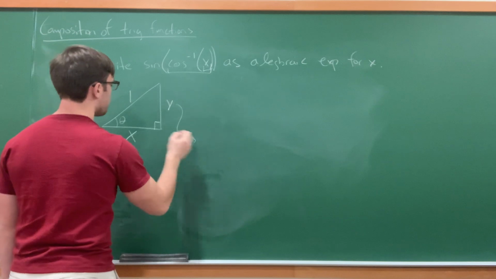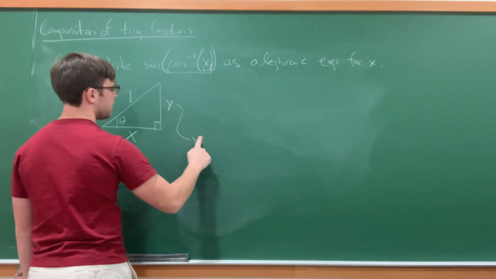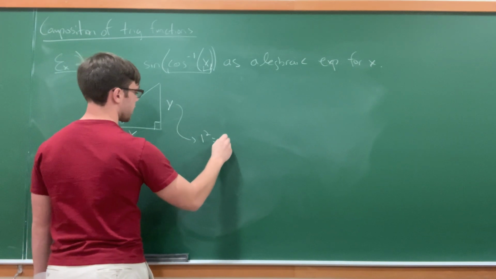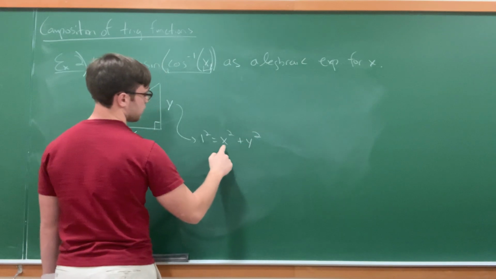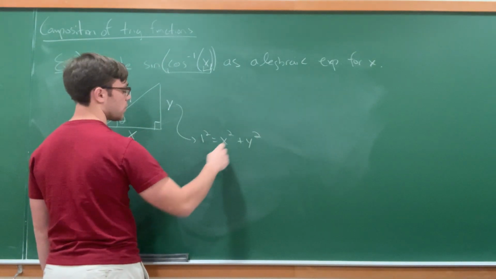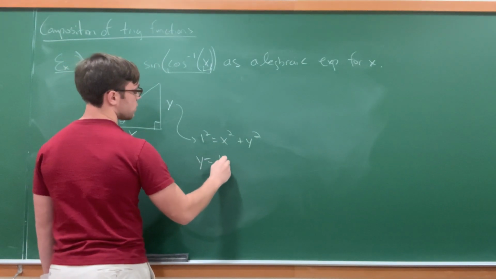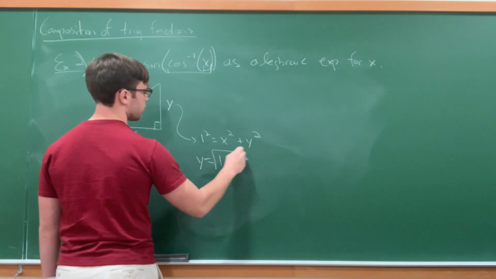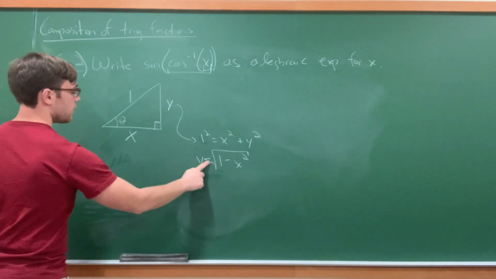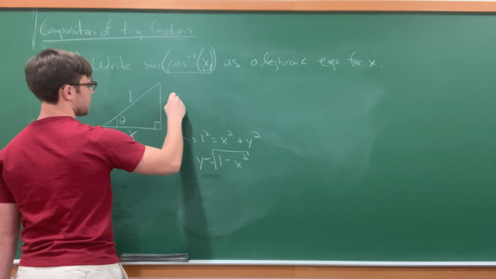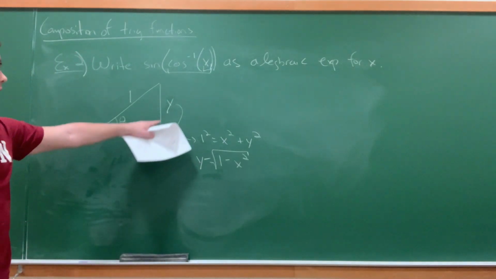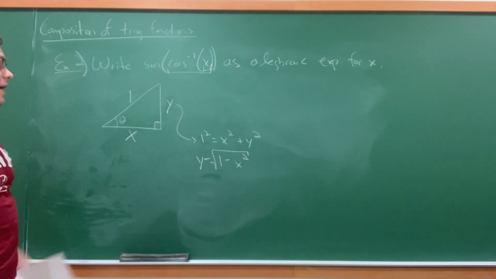So what's this y? Well, we can use the Pythagorean theorem and say that 1 squared equals x squared plus y squared. So when you subtract the x squared over and take the square root, you end up with y is the root of 1 minus x squared. Okay, so that's what you're given here, right? That becomes y. So over here you have the square root of 1 minus x squared.